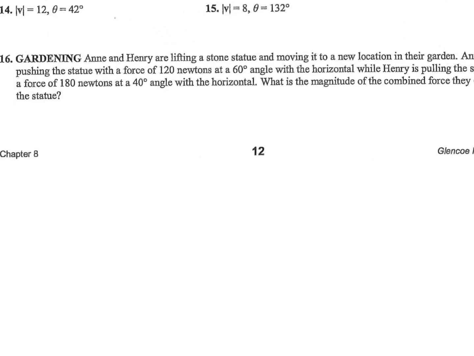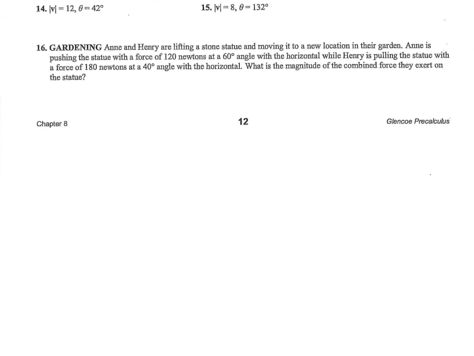This one, if you look at number 16, it says you got Henry lifting a stone statue and moving it to a new location in the garden. Anne is pushing the statue with a force of 120 newtons at a 60-degree angle. Henry is pulling it with what is the magnitude of the combined force? In other words, she's pushing it, he's pulling it. They're going in the same direction, aren't they? How do we figure out the magnitude?